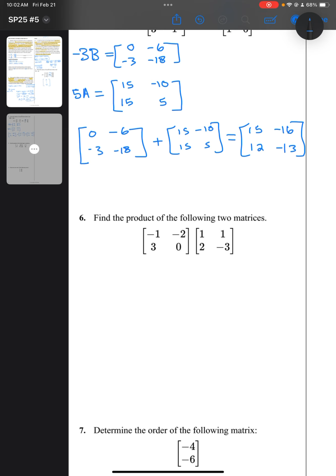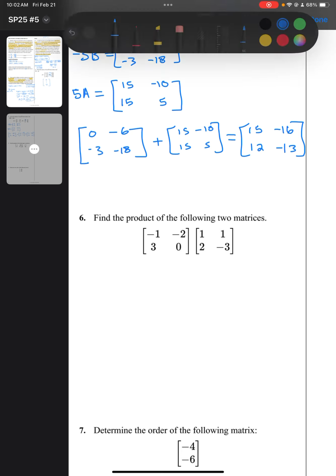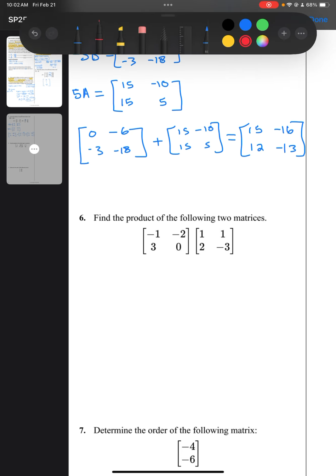For this one, I'm going to show through hopefully different colors if I can. Yeah, there we go. So our first one is going to be our first row times our first column.